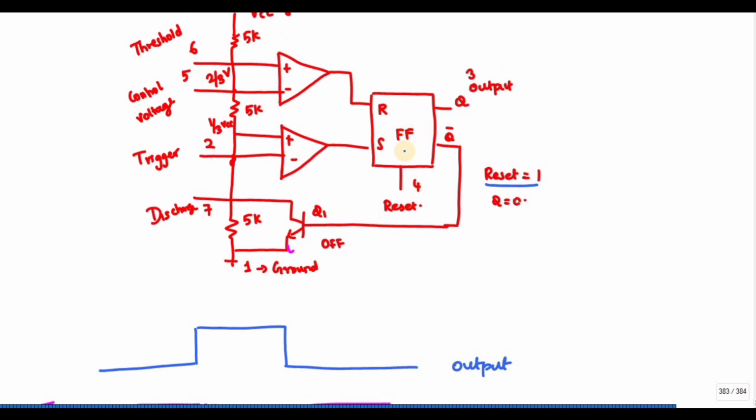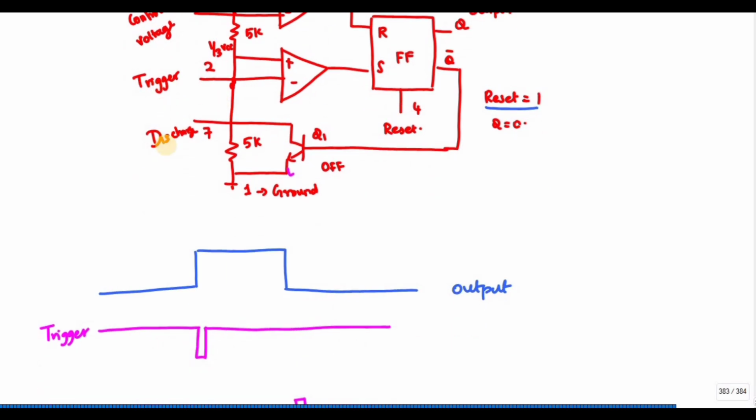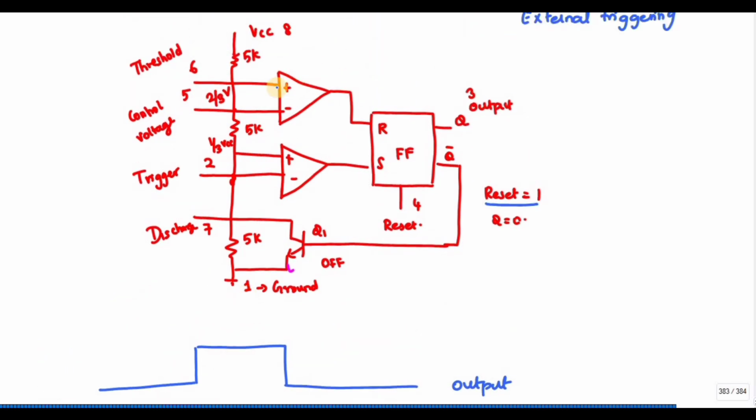Next, let us consider my trigger pin is going low, less than 0. If the second pin goes to 0, the plus value is greater than the minus value.